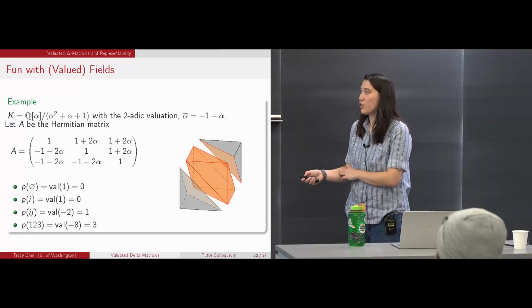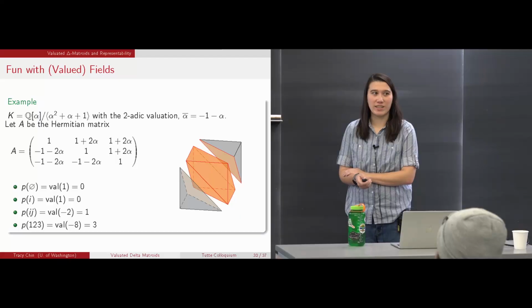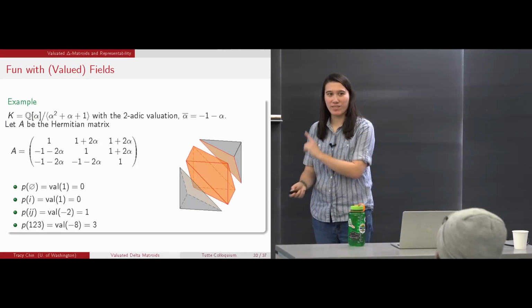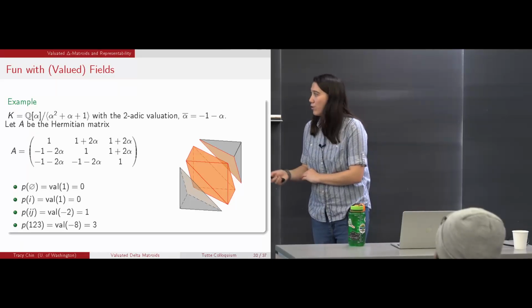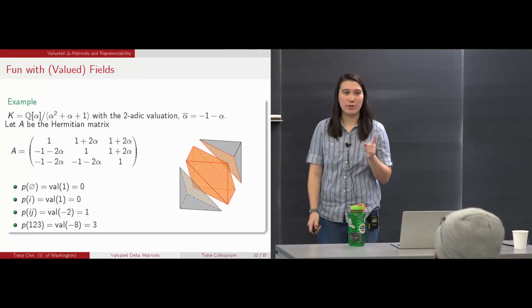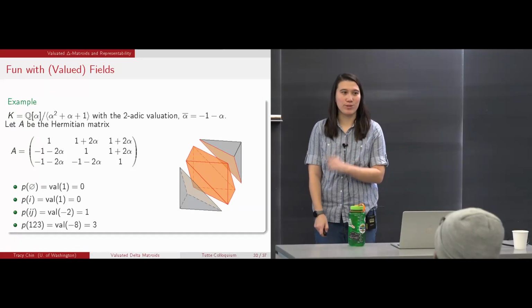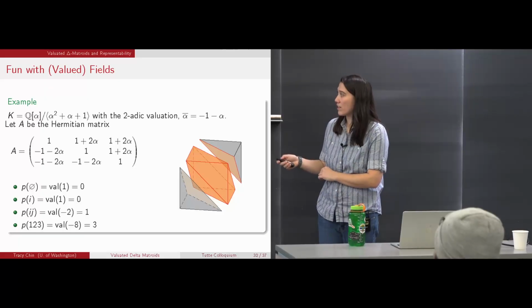I claim that the 2x2 minors have determinant negative 2, and the whole thing has determinant negative 8. Feel free to check my facts later, but this is what Wolfram Alpha tells me, so it's probably right. And so right now we're taking the two-adic valuation. So negative 2 is 1 power of 2, so it's valuation 1. Negative 8 has 3 powers of 2, valuation 3, and we get this subdivision.